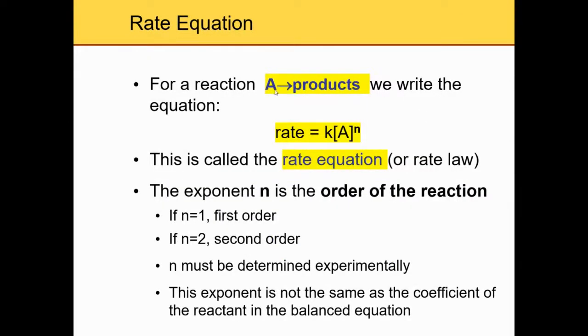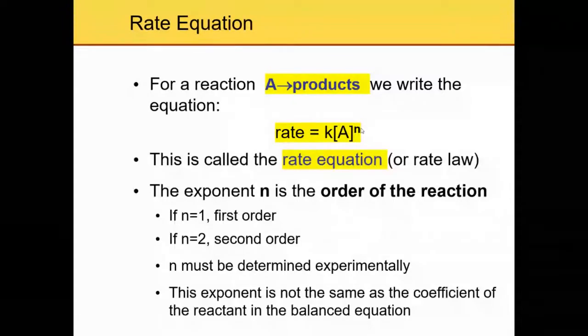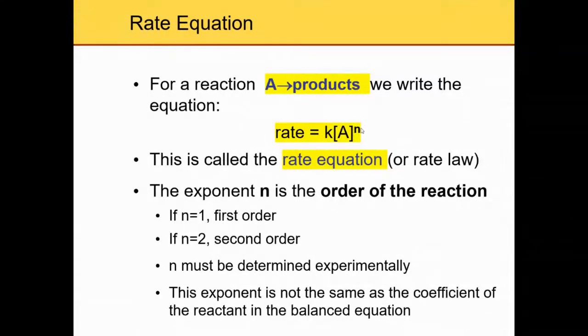For a reaction from A, the reactant, to the product, you write the rate equal to the rate constant multiplied by the concentration of the reactant to the power of n. That's the order of the reaction, which must be determined experimentally.